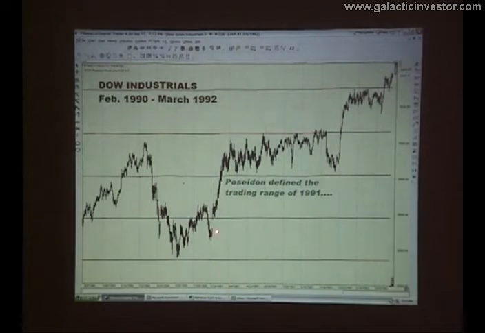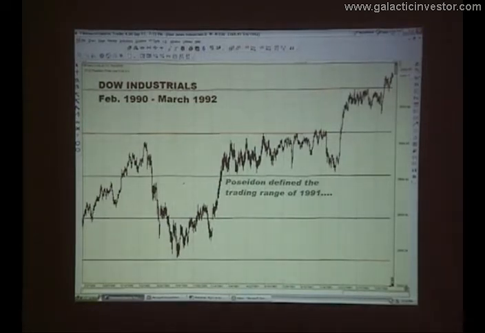See this gap here is what we're talking about. I should have put an arrow on there. So it gapped up all the way to the Poseidon line, moved right up to the next one, found support at this level, and then moved up again on the Poseidon line. Right, the bombing of Baghdad.